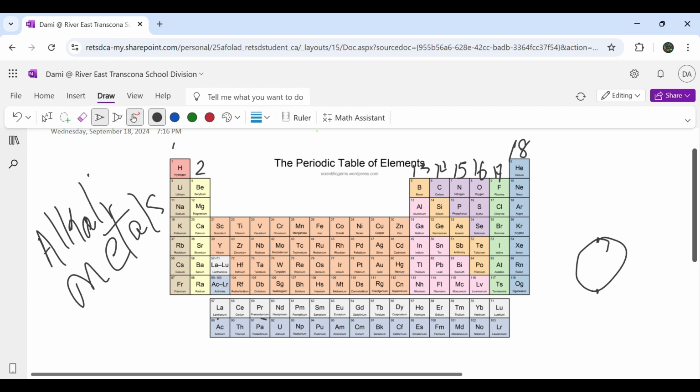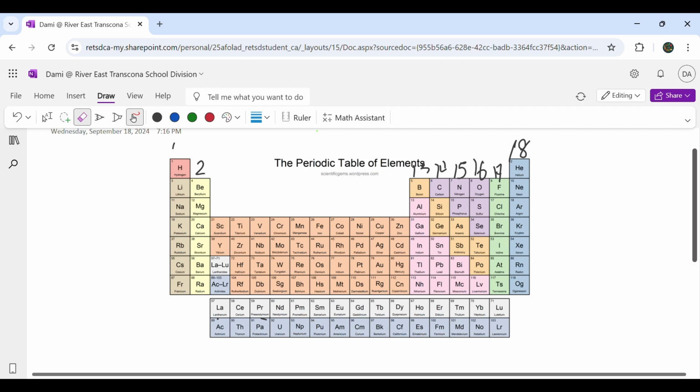Well, helium only has 2, which means it has a full valence shell. We can't give it another electron, because then it would need to gain 8, and no one is giving out 8 willy-nilly. So we say it has a full valence shell.